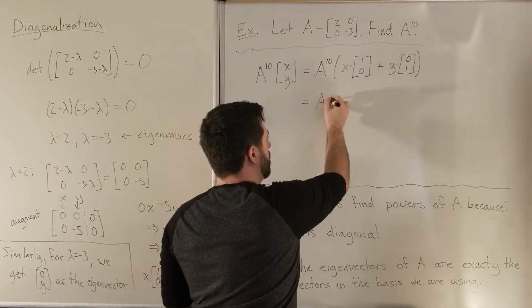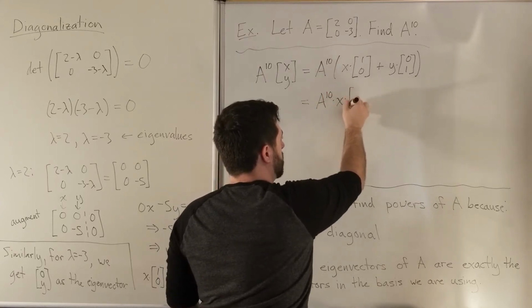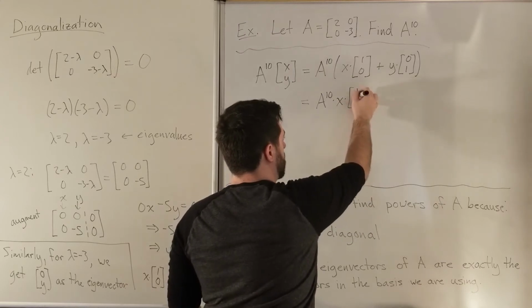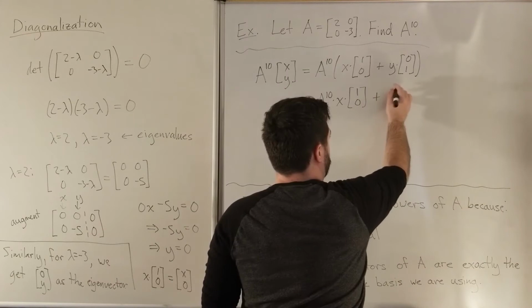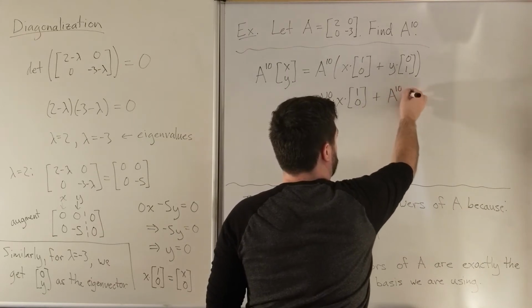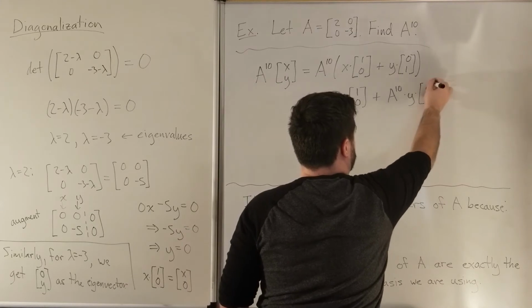So A to the 10th times x, which remember is just a constant, times 1, 0, and then plus A to the 10th times y, another constant, times 0, 1.